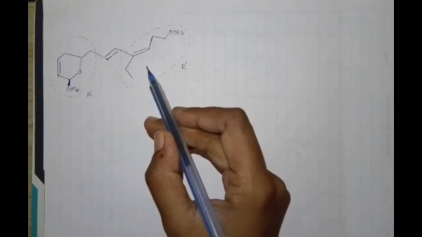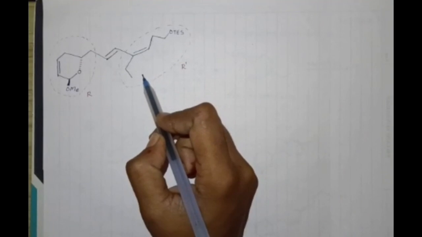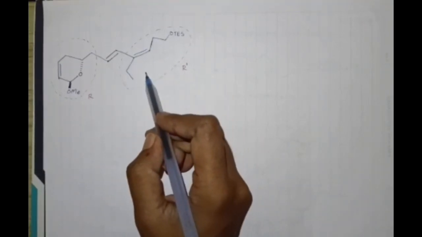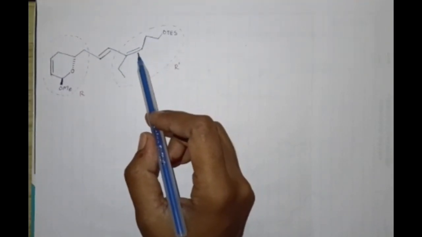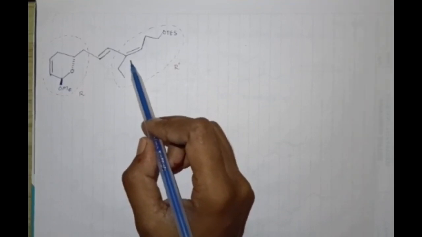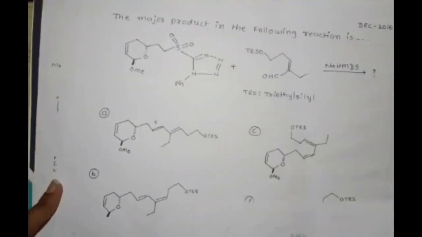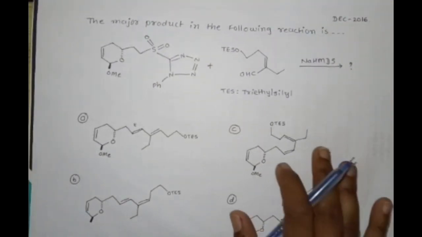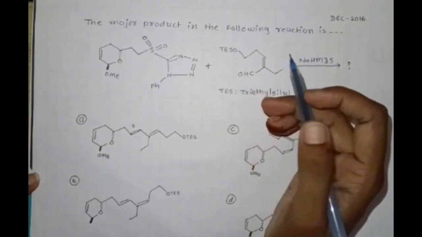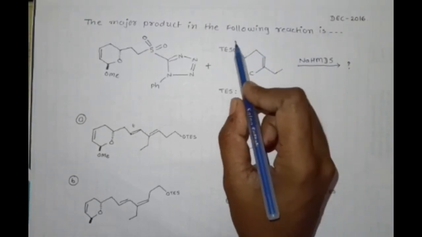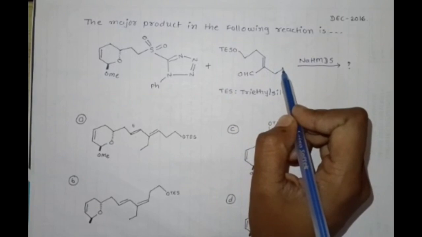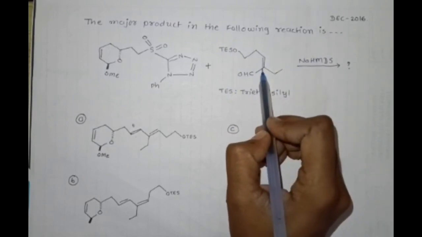Now if we put our R and R dash groups properly, we will get this final product here. Now let's find out which option is correct. So here if you look, this group and this group are both anti to each other.